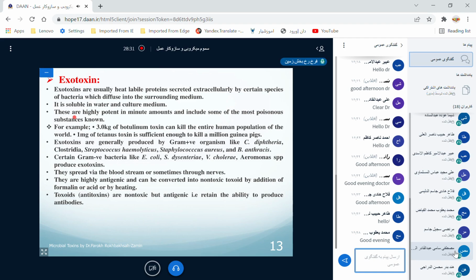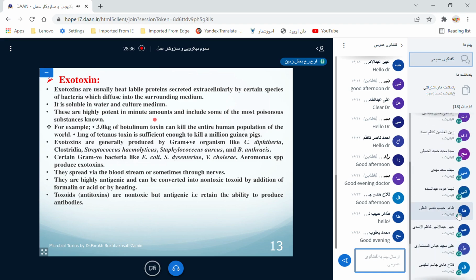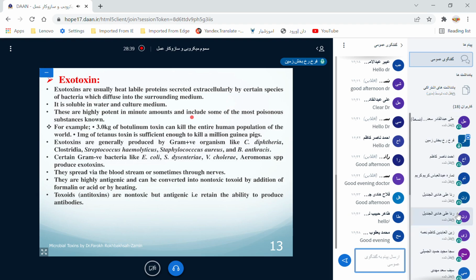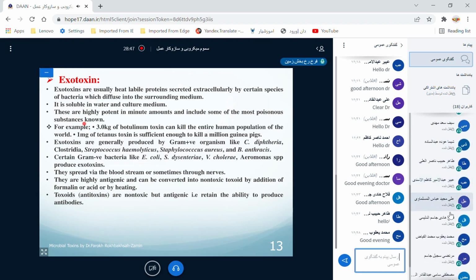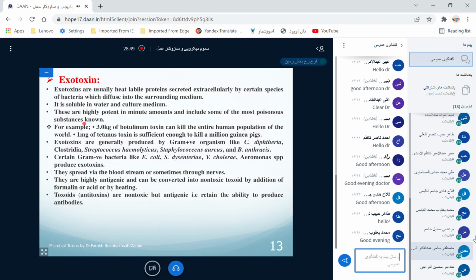They are highly potent in minute amounts, very small quantities, and include some of the most poisonous substances known. So we have many toxins, many poisons. Some are related to living things, some are synthesized, some come from the environment, but toxins from bacteria are very powerful.